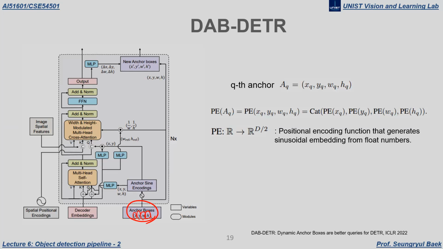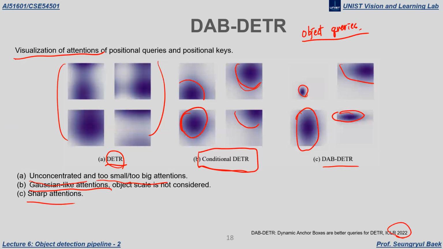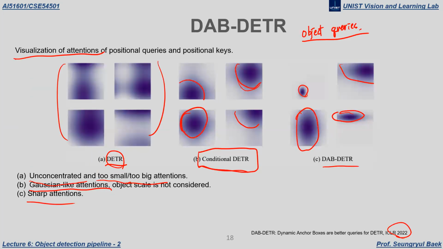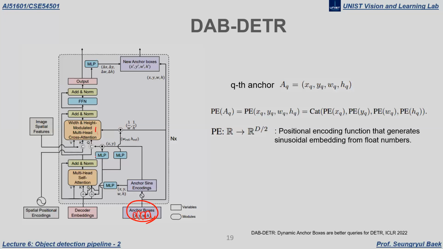Previously in conditional DTR, we had a mechanism to make the spatial query, but here it further has this type of spatial encoding.